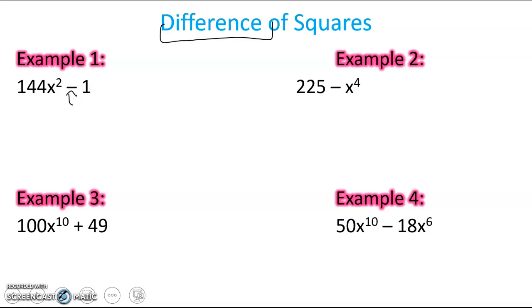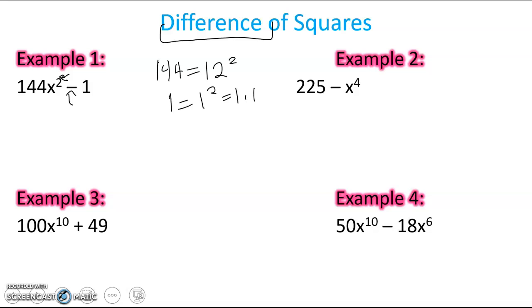I can move on to the next one. Do I have perfect squares? Well, 144 is the same as 12 squared, which is 12 times 12, and 1 we can just write as 1 squared, which is 1 times 1. So yes, I have squares, and lastly, my exponent here is 2, which is an even number, so we can move on.